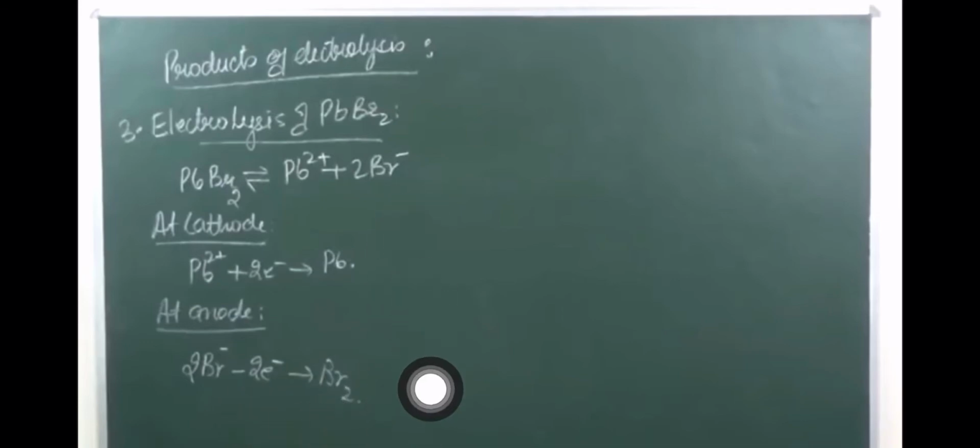This is as simple as we have seen with molten NaCl. At the cathode 2 electrons will be gained and it will become Pb, and here at the anode 2 electrons will be lost and it will be forming Br2, that is bromine.